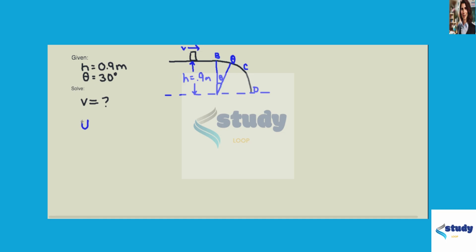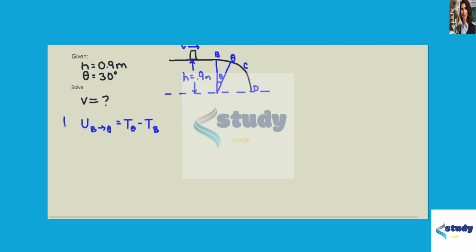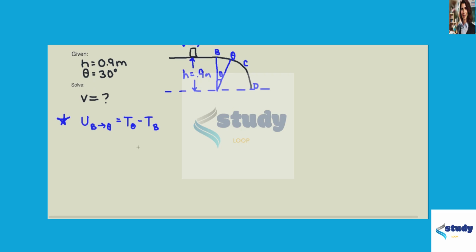The work from point B to point theta is equal to the kinetic energy at point theta minus the kinetic energy at point B. So this is the main equation that we are going to be using. And now let's go ahead and expand on each of these components.